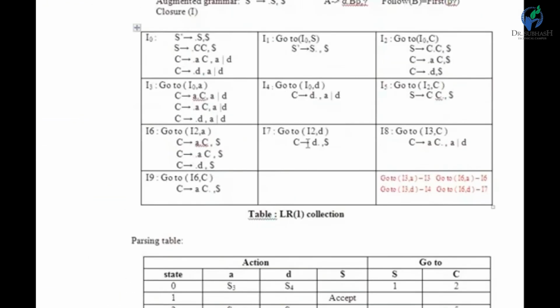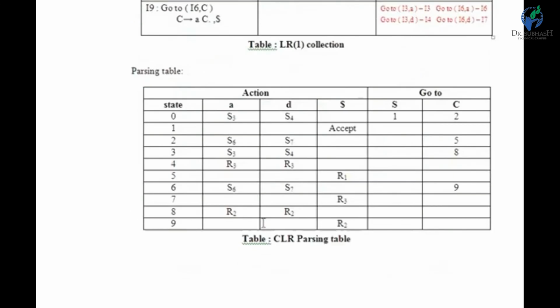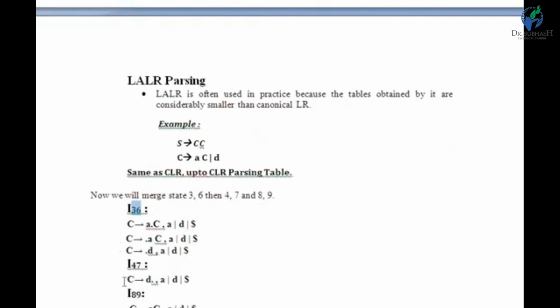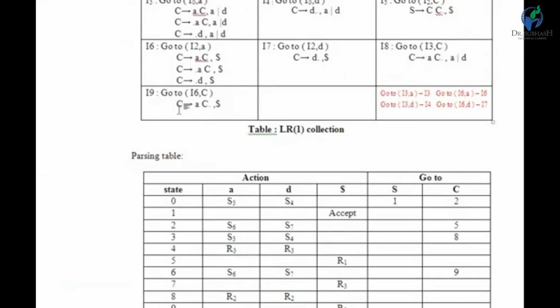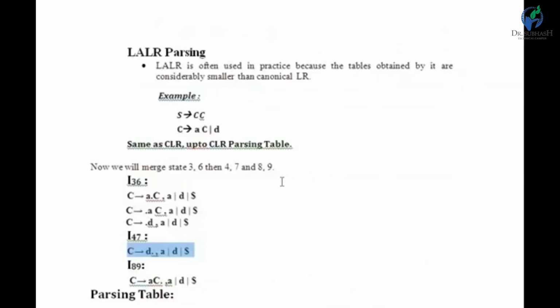Then combine 4 and 7. So it's I47, C gives D dot, comma, A or D or dollar. Next, I8 and 9. The state will be I89 and the production will be C gives A C dot, comma, A or D or dollar.